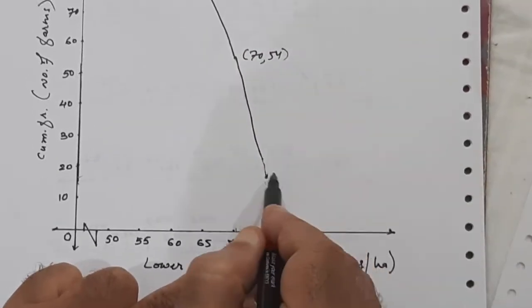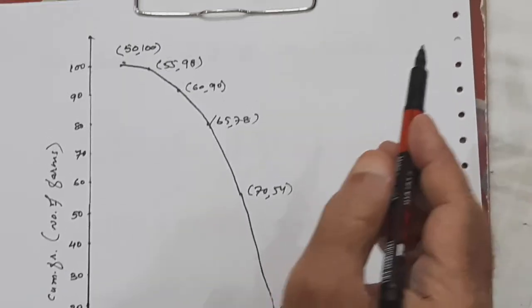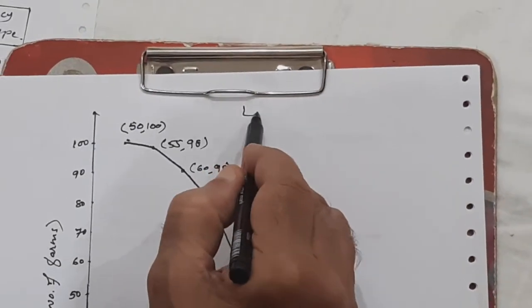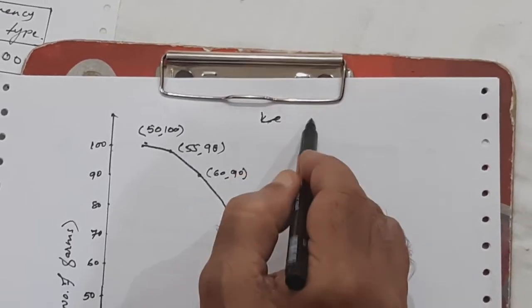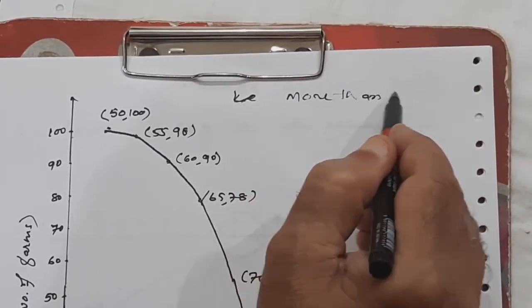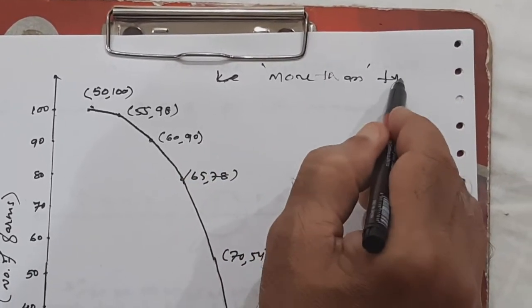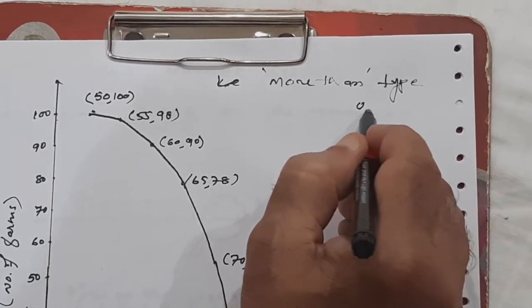And then the last one is 75, 16. And we should write it on the graph: more than type ogive.